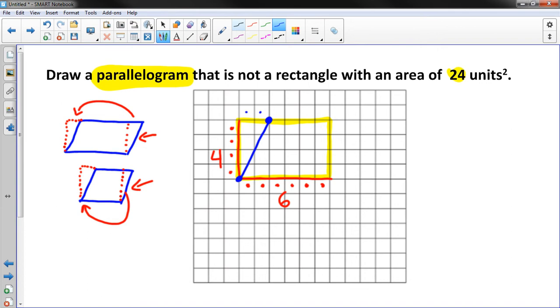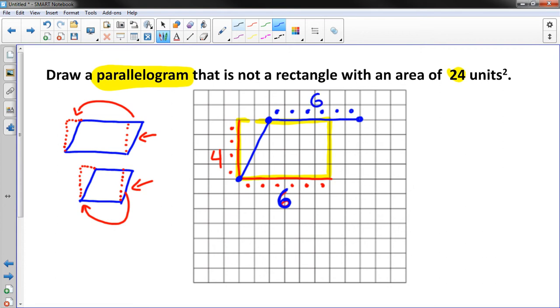And at the top, the length of the top up here has to be 6, just like below. They have to be equal in length. So I need it to be 2 more longer. Because I cut this piece off over here on the left, I have to add 2 over there on the right. So it's the same length as the bottom. So I need it to be 6. 1, 2, 3, 4, 5, 6. So my other corner is going to go right there.